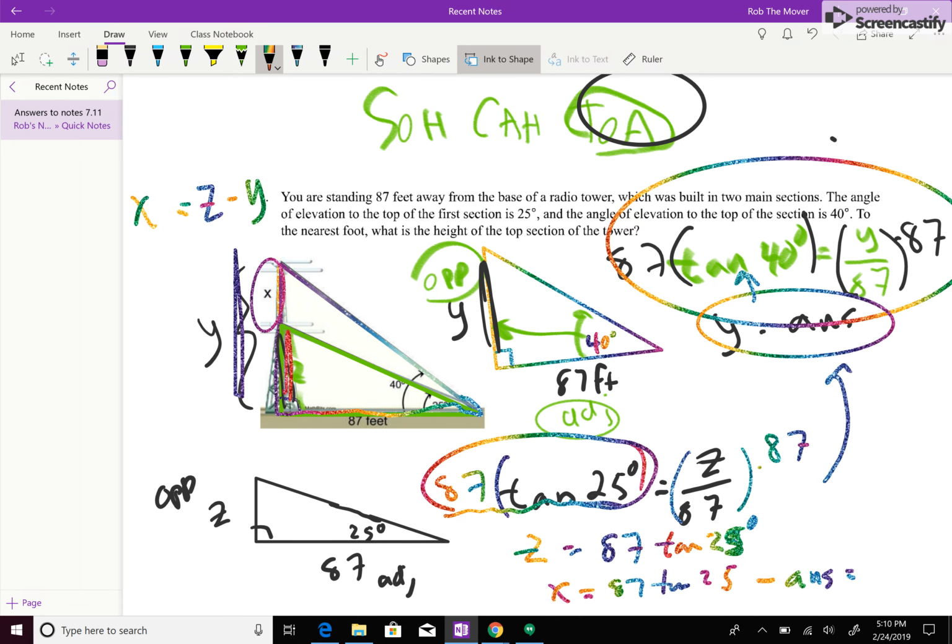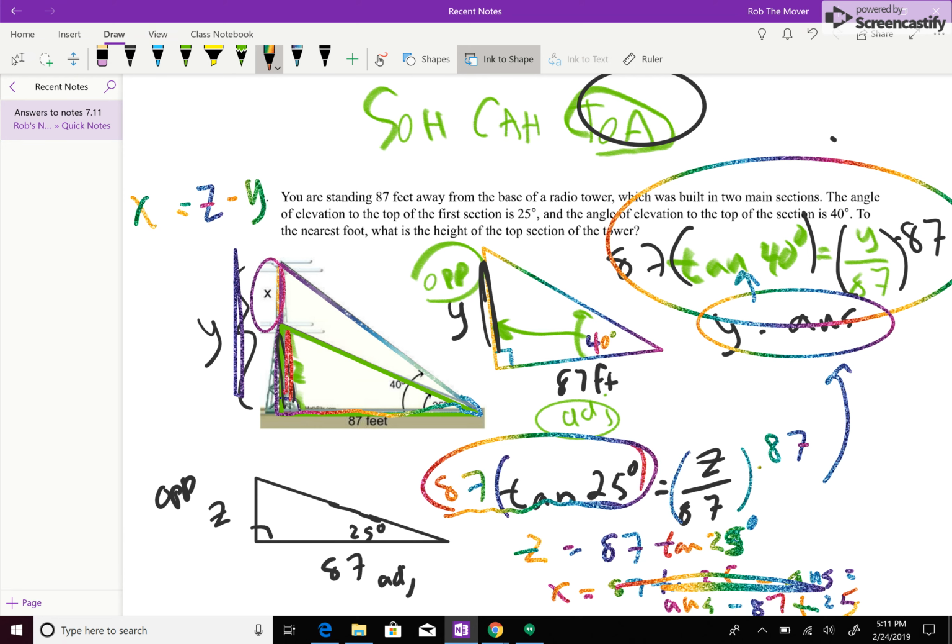And I get, let's see, 87 tangent 40 is about 73. That's my answer now in my calculator. Now I'm going to take that, which is y. Oops, I did the wrong thing here. It's got to be the answer minus, x is the answer minus this 87 tangent 25.